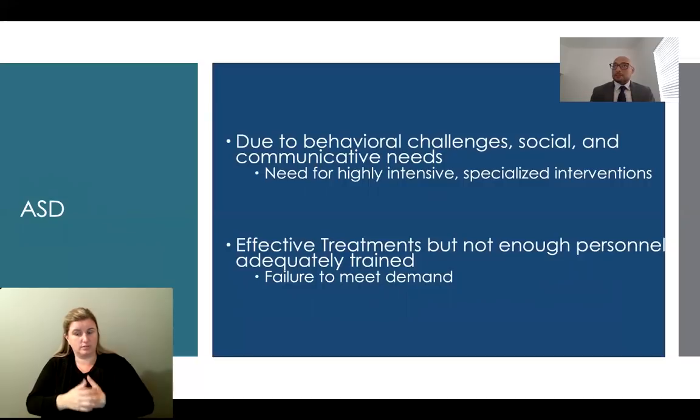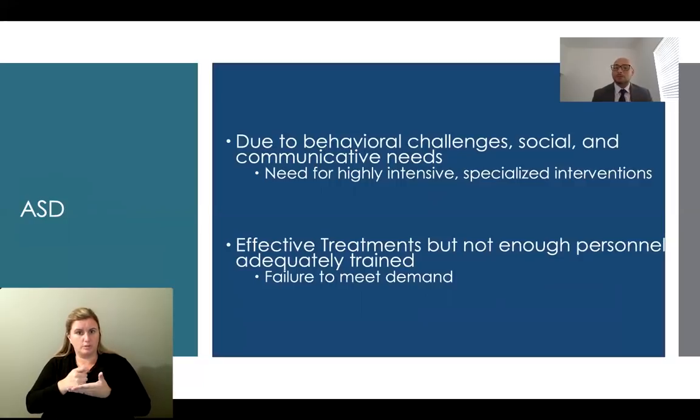And in most cases, these interventions are derived from the principles of applied behavior analysis.